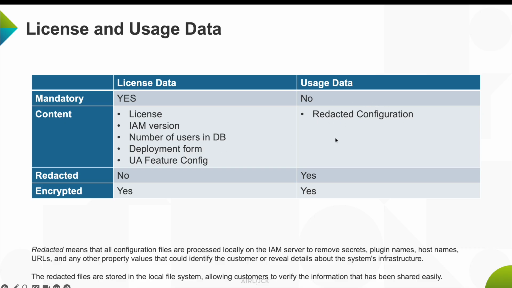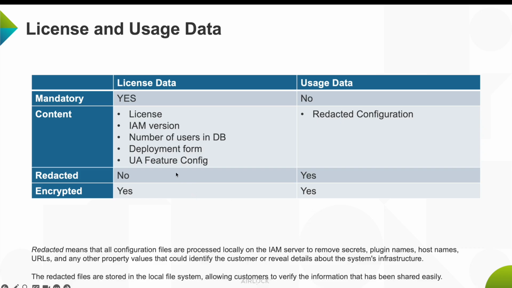The content with usage data currently is the redacted configuration. And I have to explain the term redacted. Redacted means that we're basically removing all the information that could reveal details about the system or the system infrastructure, the network, or the customer. So we're basically removing secrets, plugin names, host names, and so forth.